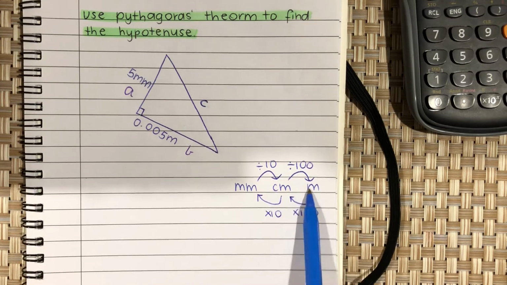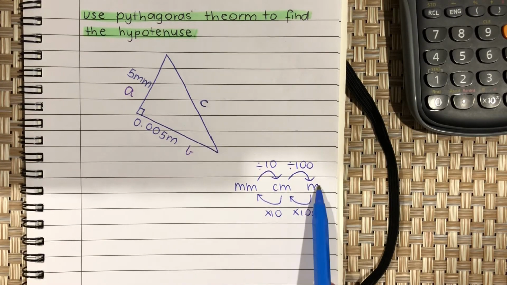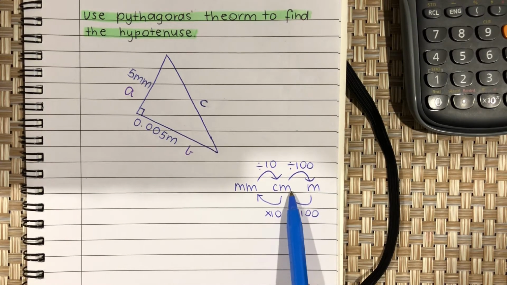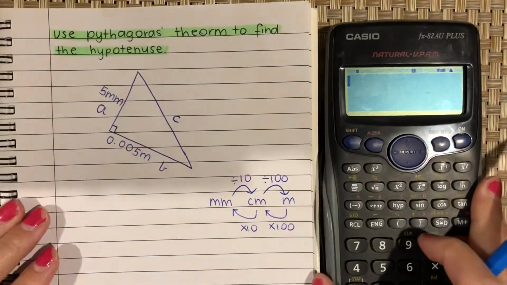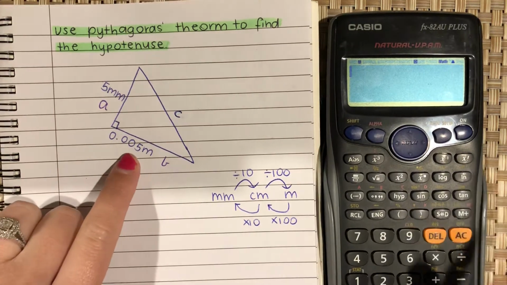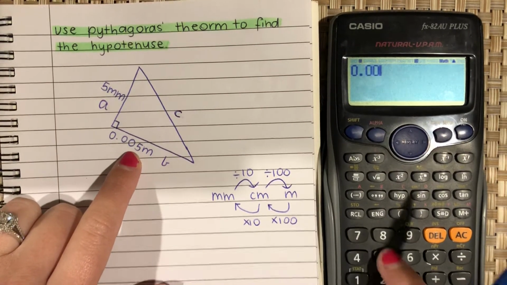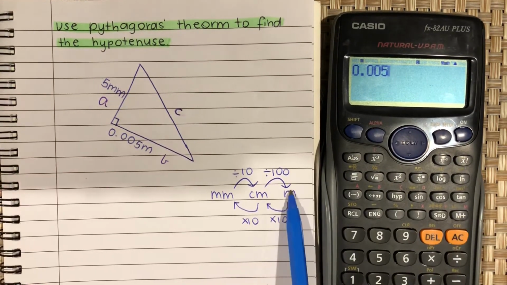To get from meters to millimeters, we need to first times by 100 and then times by 10 after that. So you write your number in your calculator straight away, which is 0.005, and that's in meters.